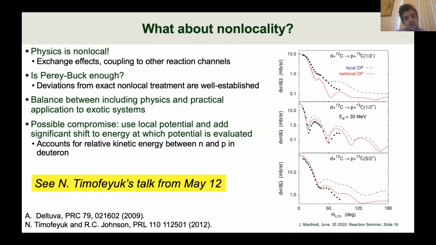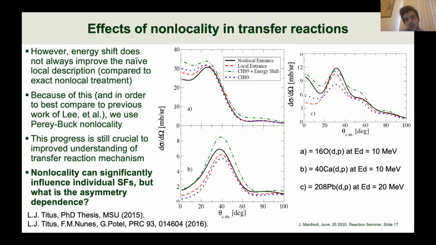And then you can take into account non-locality. This is basically taking into account the relative momentum between the neutron and proton in the deuteron at really short range.